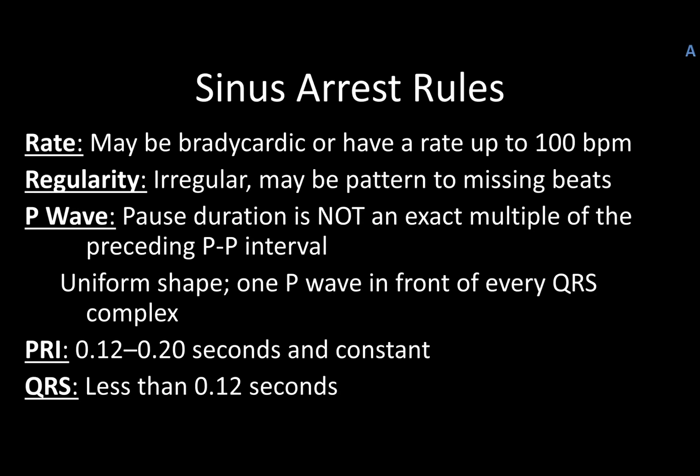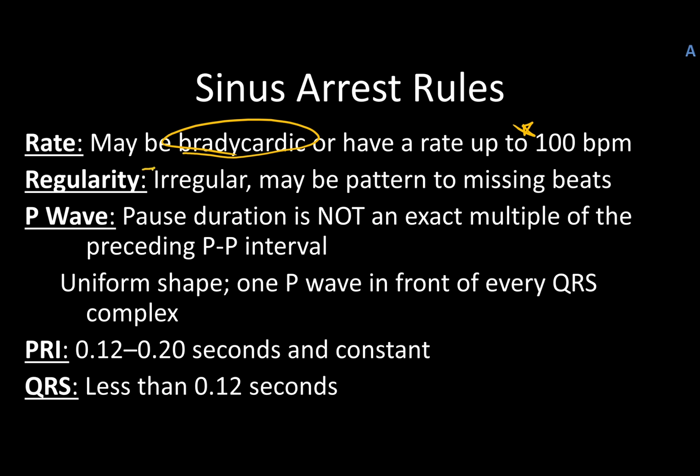As for the sinus arrest rules, not terribly different from the sinus bradycardia or sinus block that we talked about before. The patient can be bradycardic if it happens frequently enough, or they can have a relatively normal rate with just occasional missed beats where they've paused.